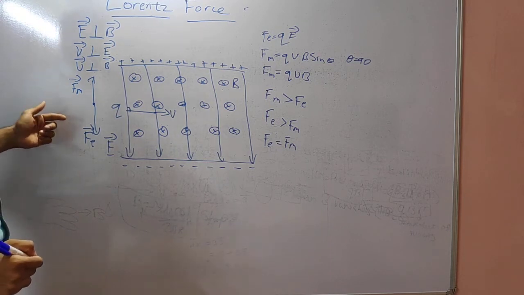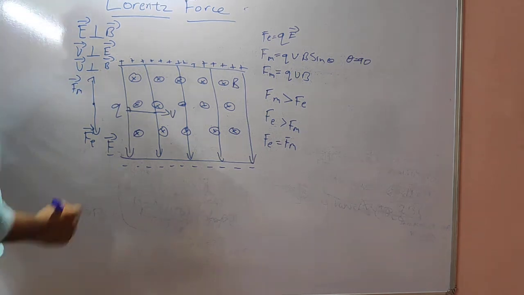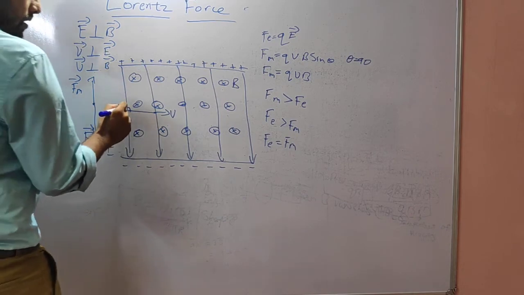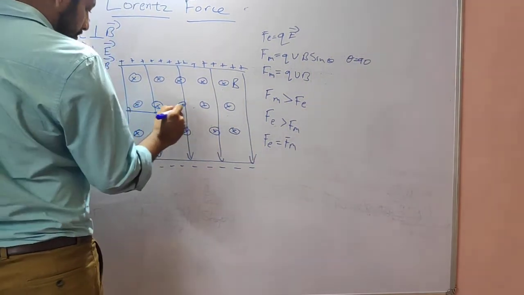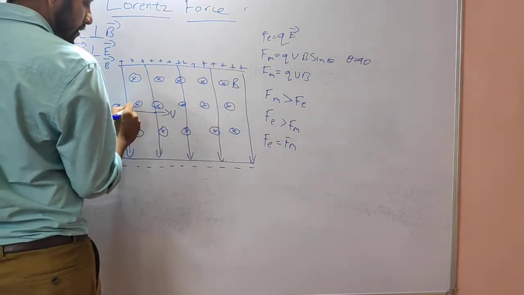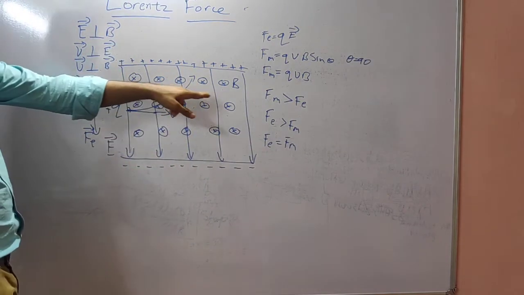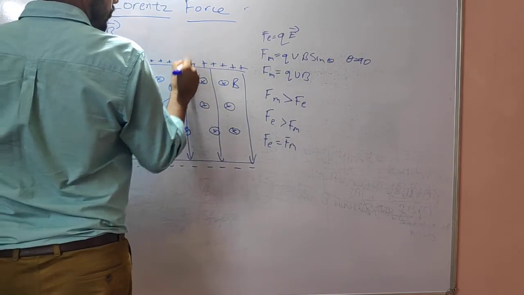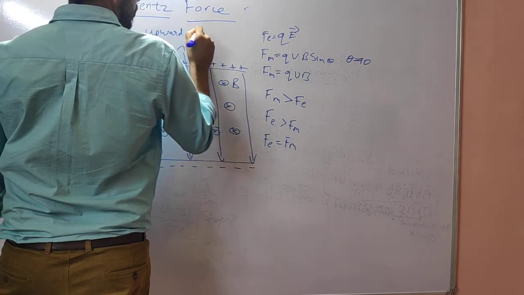It will try to pull the electron or the charge in upward direction. The charge tries to move with velocity v in this direction, but because Fm is greater, it will try to move in this direction. This will be the direction if Fm is greater than Fe. This is the first condition, and the path for this you can write upward parabolic.